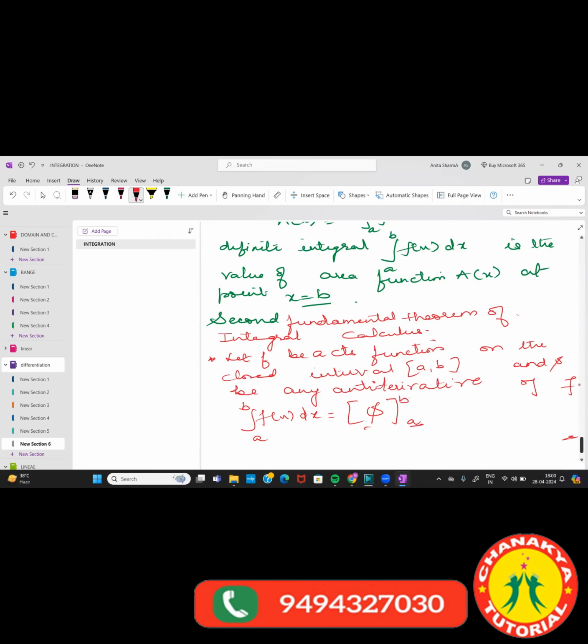This is your lower limit, this is your upper limit. So the fundamental theorem says firstly you will put the upper limit minus the lower limit. This is the second fundamental theorem.